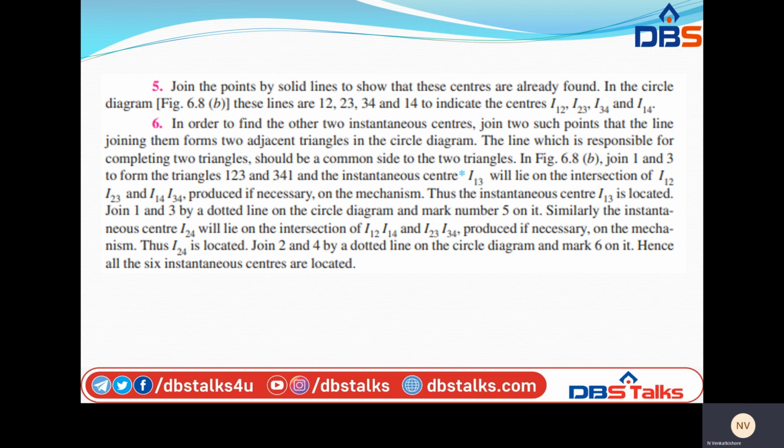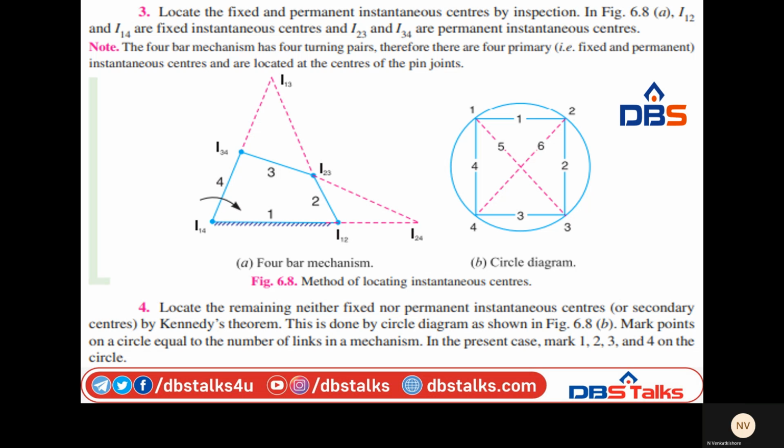In order to find the other two instantaneous centers, join two such points that the line joining them forms two adjacent triangles in the circle diagram. That is, the corners to be joined are 1, 3 and 2, 4.